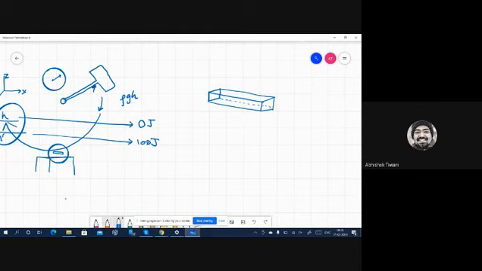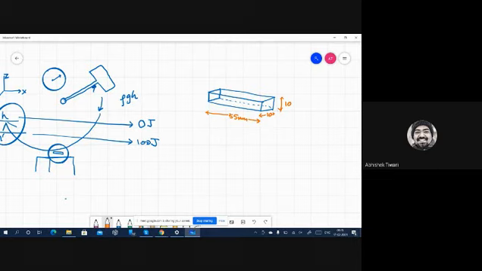So this is 10 millimeters, this is 10 millimeters, and this length is 55 millimeters. So this is the standard dimension of the specimen.